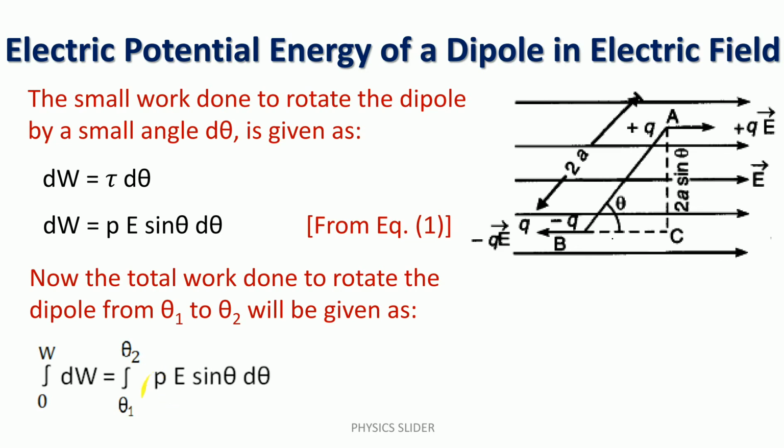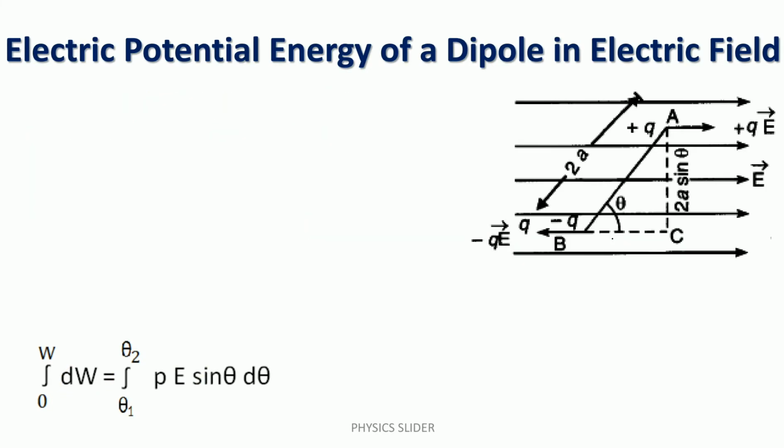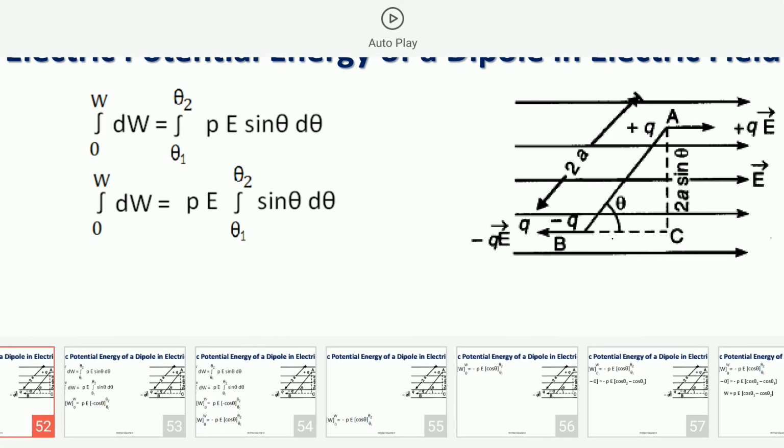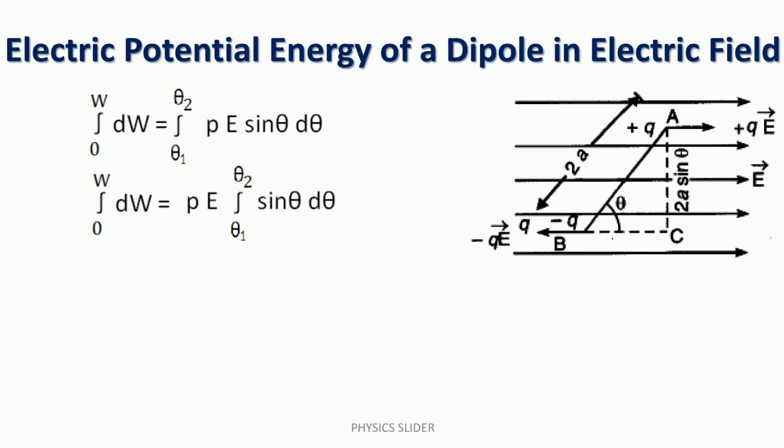P is the electric dipole moment, which is constant since 2a is constant and q is constant. The electric field is uniform, that is constant, and we need to integrate only sine theta into d theta. Alright, the integration of dw becomes w, with limits 0 to w.